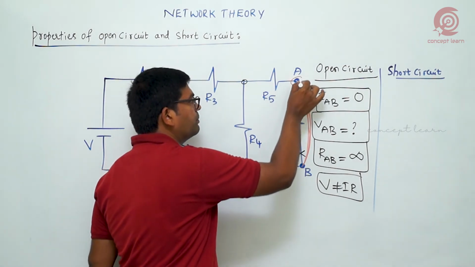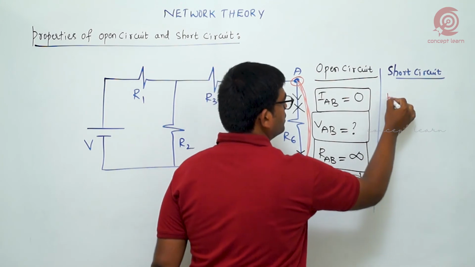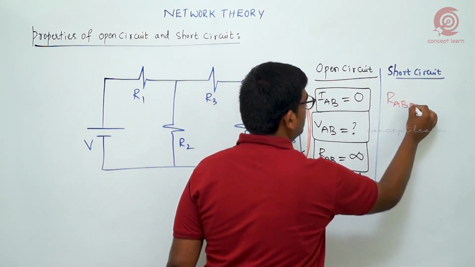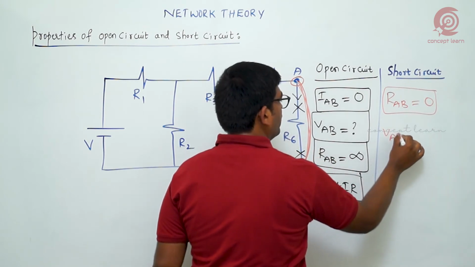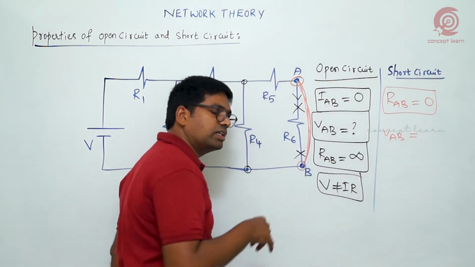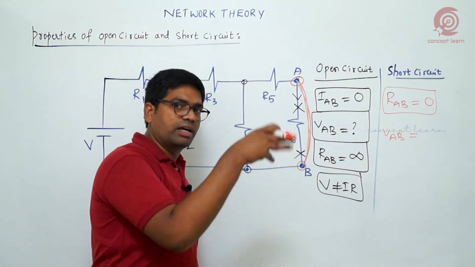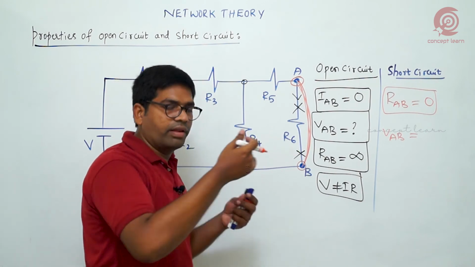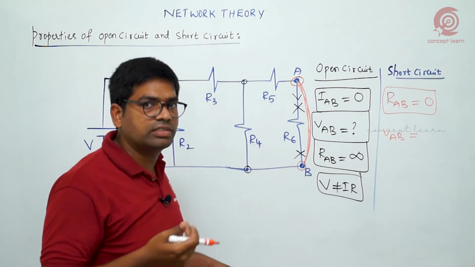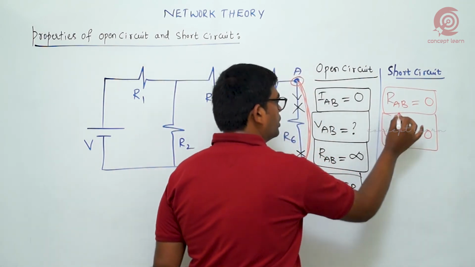I am bringing the potential of A and B to the same point, so there won't be any resistance. So resistance becomes 0 only. And again, the voltage between the A and B terminals, VAB, means the potential difference between A and B. Earlier resistance is there, some current is flowing, so some drop is there. Now with no resistance, you are bringing the A and B terminals to the same potential, so there won't be any potential difference. Voltage also becomes 0.